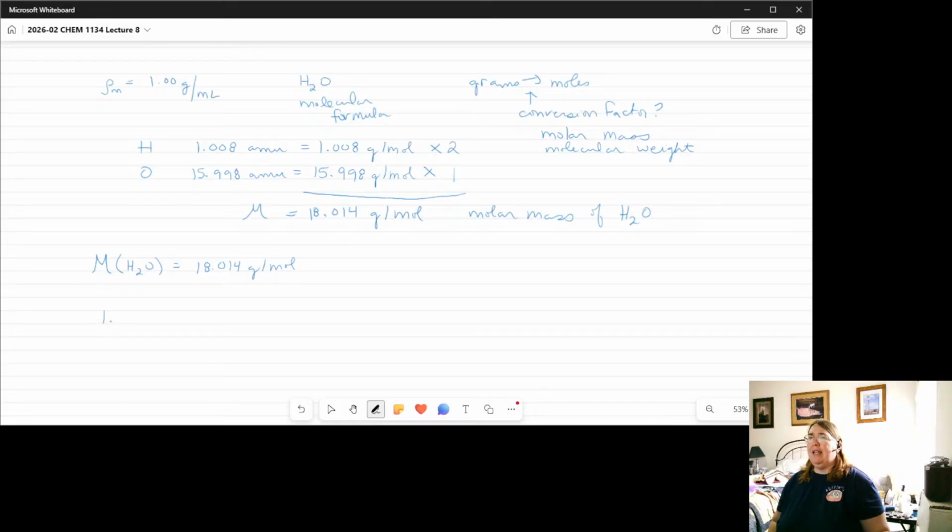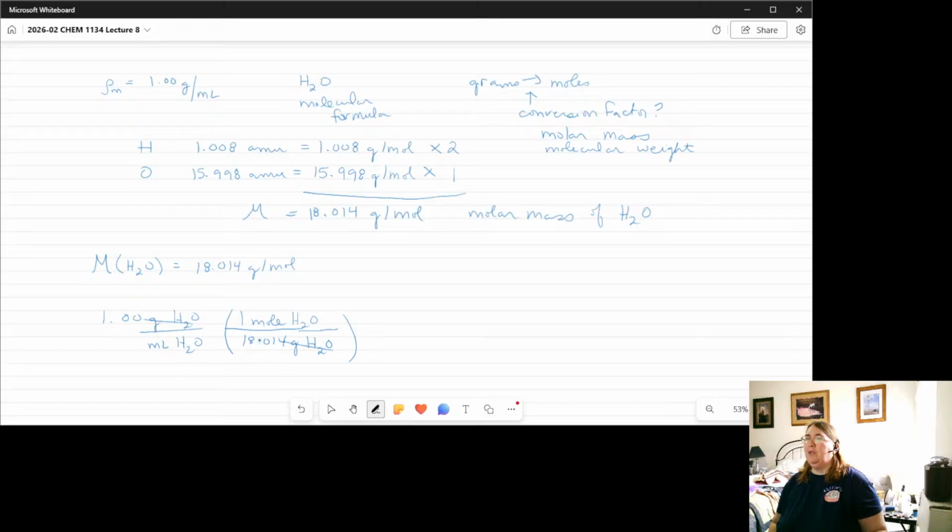So that means now I have a density of 1.00 grams of water per milliliter of water. That's what density stands for. Now, if I take this and I take 18.014 grams in 1 mole, this is 1 mole of water has 18.014 grams of water. Grams cancels.